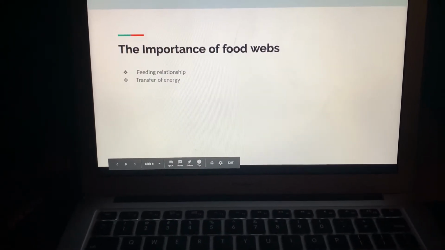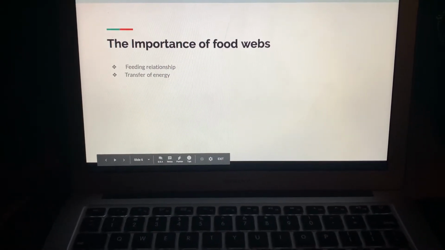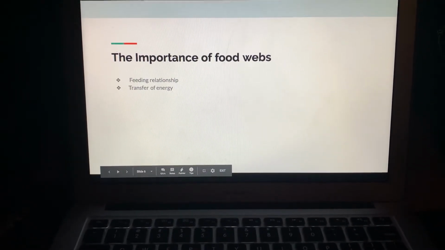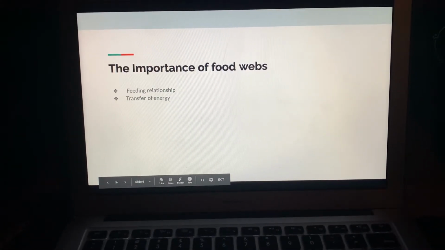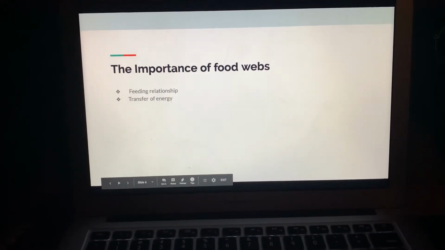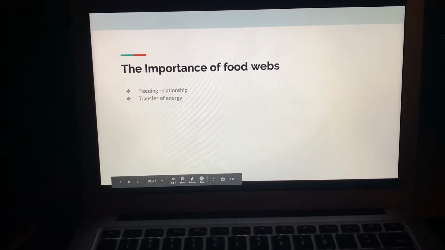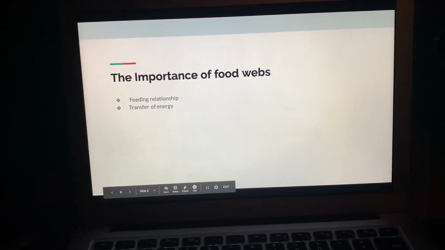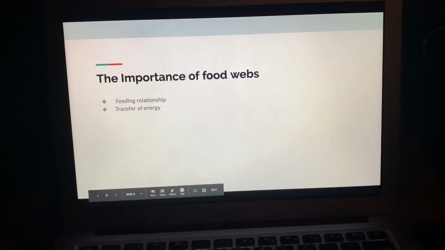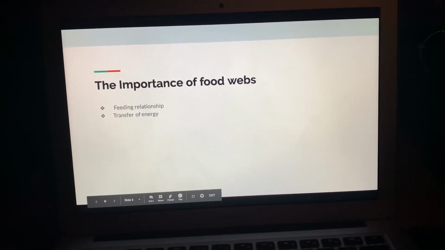Why are food webs important? They are important because they show us the feeding relationship of the species within that community, and they also show us the transfer of energy in an ecosystem. The sun is the source of all the energy, and there's a difference in the transfer of energy between producers, primary consumers, secondary consumers, and tertiary consumers.